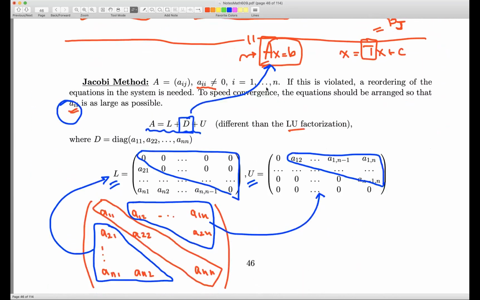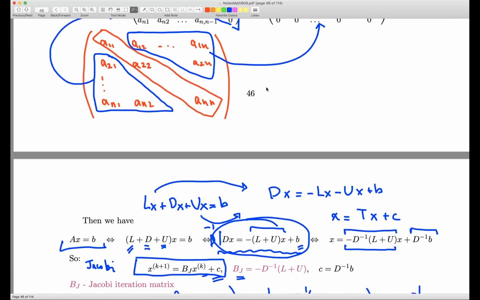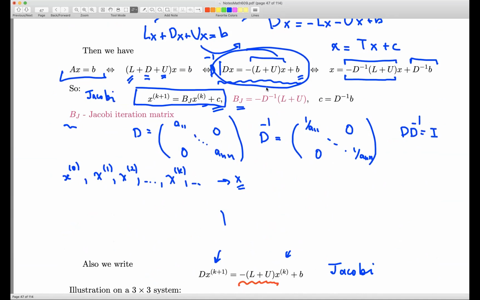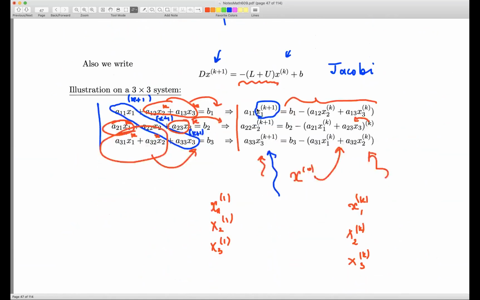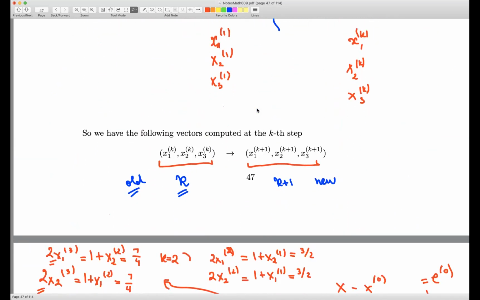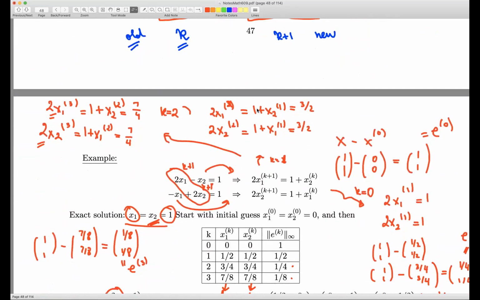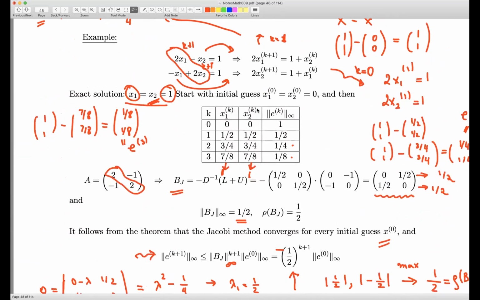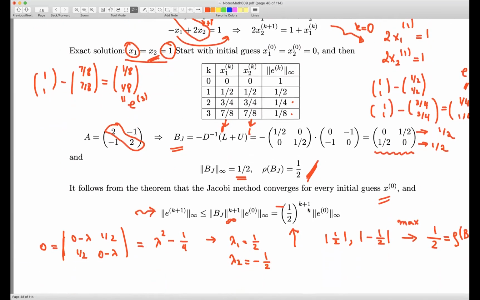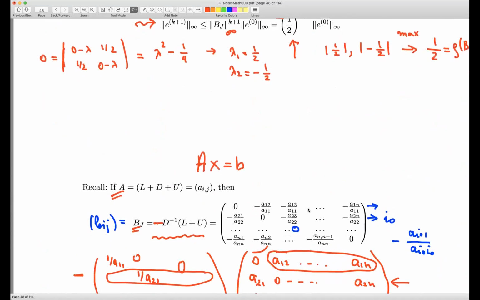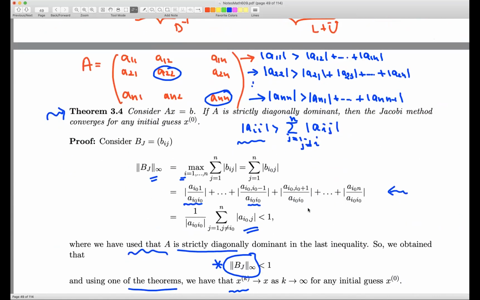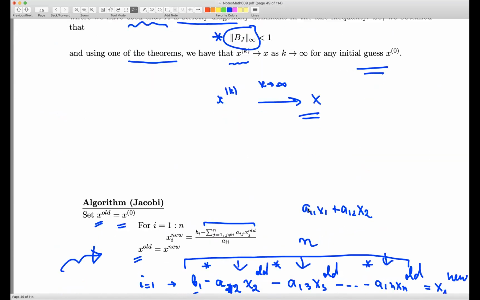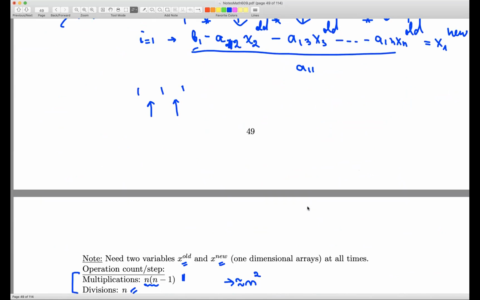This gives us an explanation why the Gauss-Seidel method converges faster than the Jacobi method: the spectral radius of the matrix B_J for that particular system was 1/2, while the spectral radius of the iteration matrix for Gauss-Seidel, as we just found out for the same matrix, is 1/4.